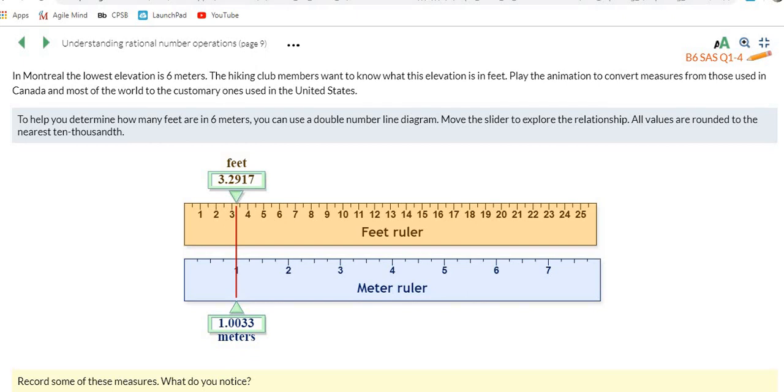So what does 1 meter represent in feet? All right, let's record that in our table. How would you actually find that without just using that? We're going to look at that in a second. Could you round the first one to 3.3? I could, but I'm not right now.